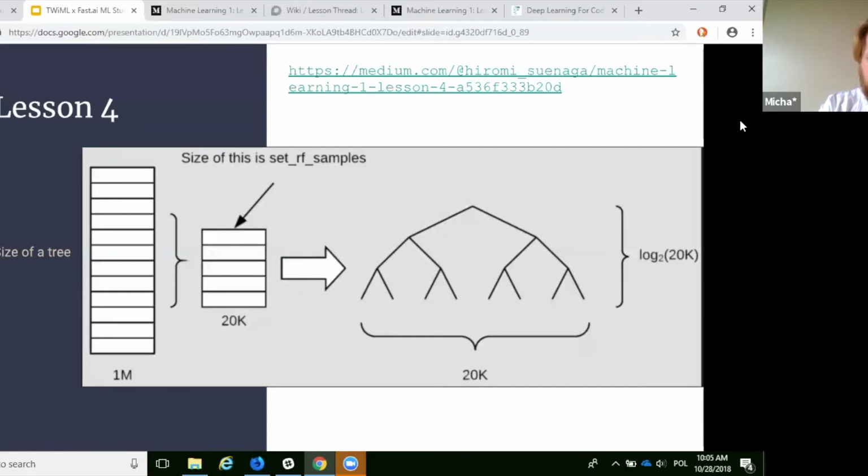Once you start using hyperparameters, like max features and minimum number of data points in one node, then that of course would change. But as a basic, this is how big a tree is. That's in relation to the last lesson.